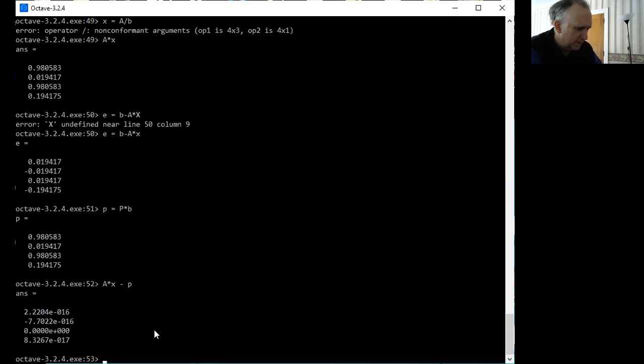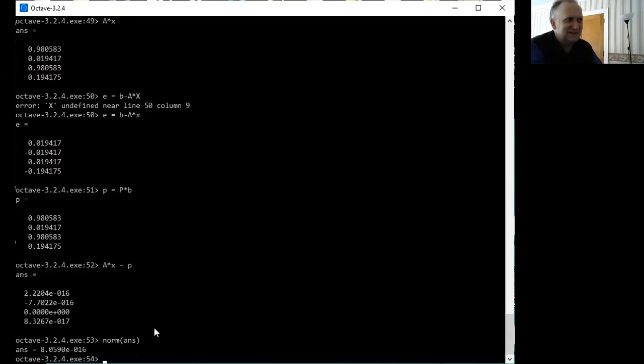So we could work with ans now. If I type norm of ans, it will give me the 2-norm, the Euclidean norm, the square root of the sum of the squares. It should be pretty small, right? Yeah. So it's not actually 0.